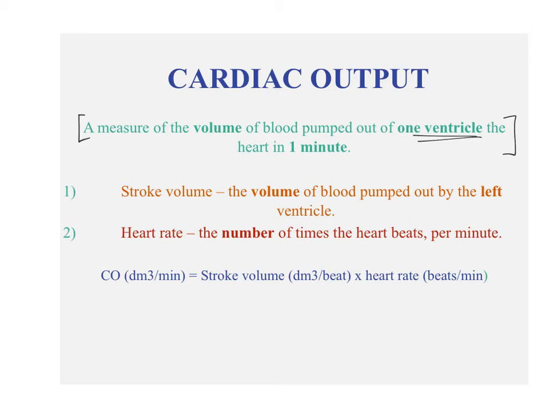But the one ventricle is really important because we're using a left ventricle, the highest pressure possible, and we're looking at how it moves through the systemic circulation. So please make a note of that equation. Cardiac output in decimeter cubed per minute, you can write it in that way as well, is equal to the stroke volume in dm cubed per beat times the heart rate in beats per minute.